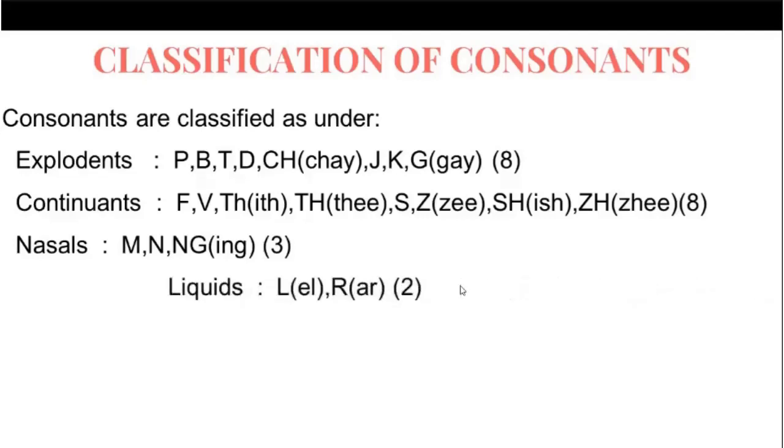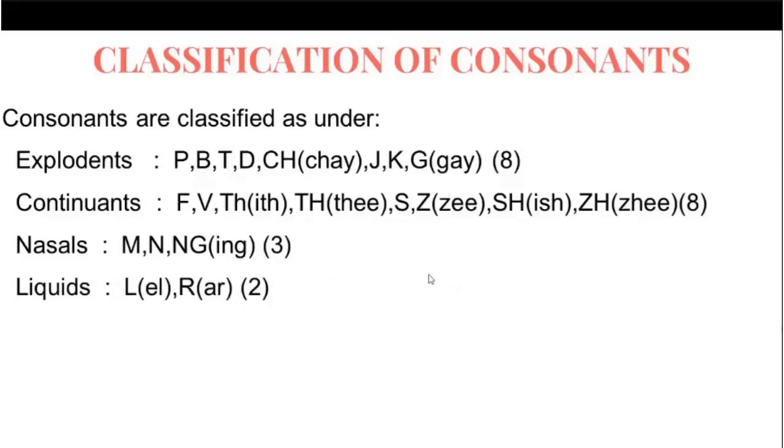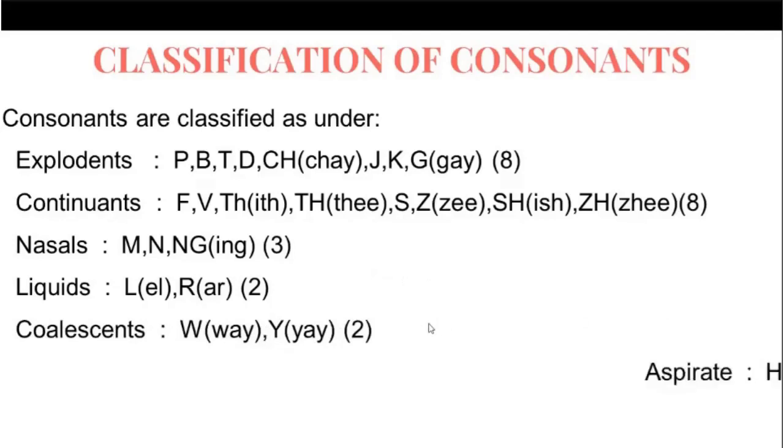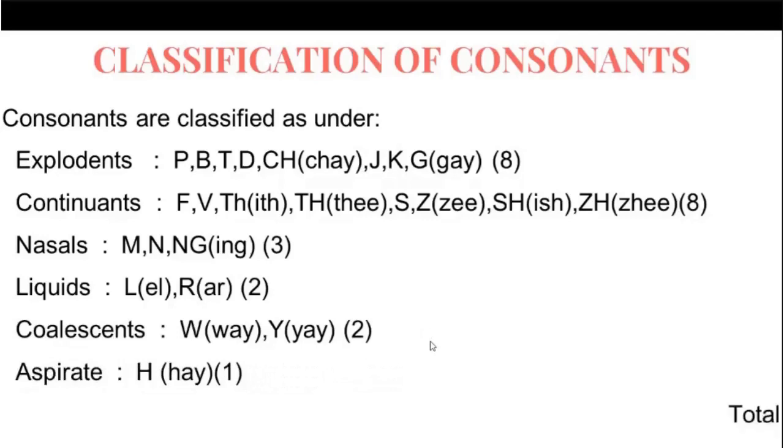Liquids: L, R. These are 2. Coalescents: Y, W. These are also 2. Aspirate: H. It is only 1. Total are 24. 2 more are Ray and 1 is K downward. That means there are 26 consonants in shorthand.